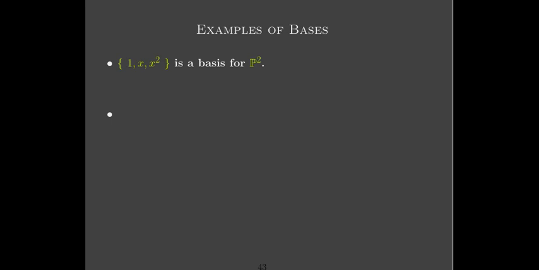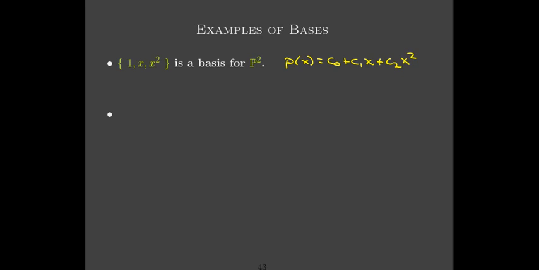So here are some examples. The first powers of x, so 1, x, and x squared, that forms a basis for any polynomial in P2. Of course, because you can write any polynomial in P2 as p of x equals c naught plus c1 x plus c2 x squared.